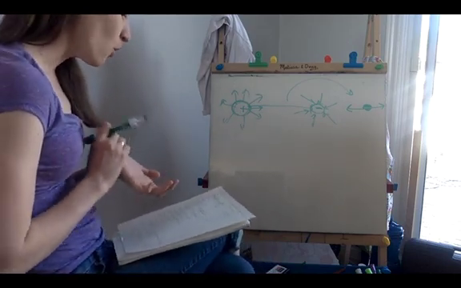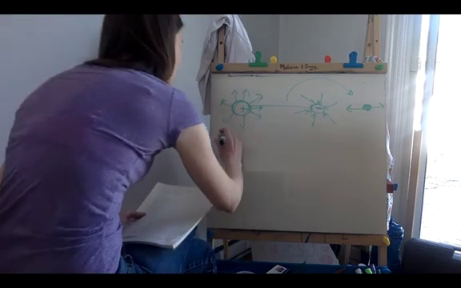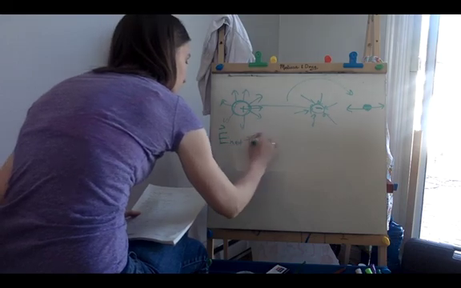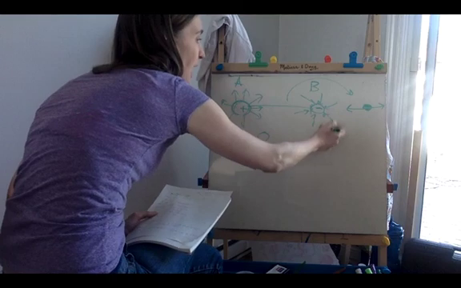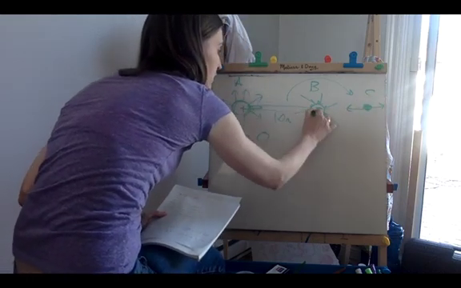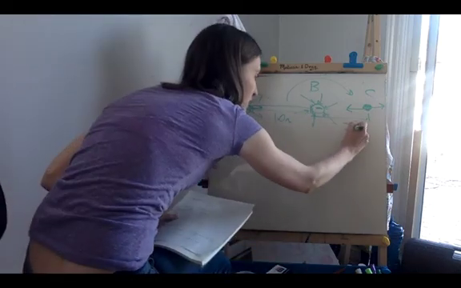So that being said, we want our electric field intensity to be 0. This is A, this is B, and this is some point C beyond this 1 meter distance, and we don't know how far away that is. So we'll call it x.